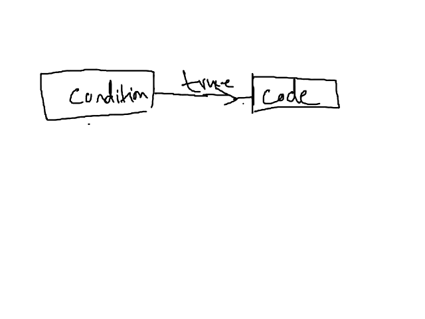Okay? If the condition of the while or the for loop is true, then execute the code. Now, after executing the code, we don't exit, right? We go back and check the condition again.